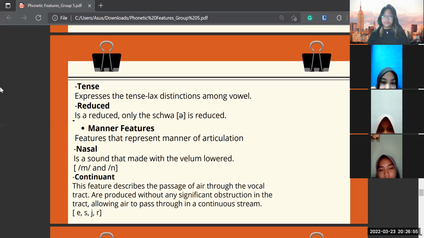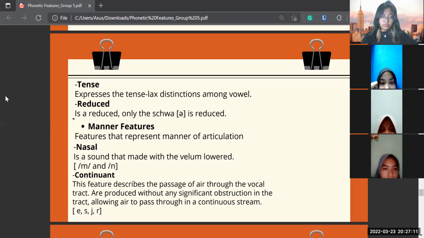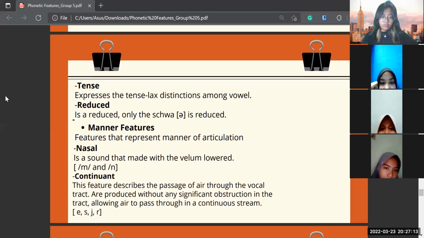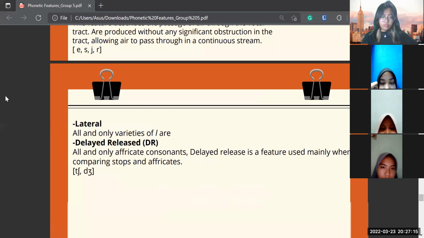Next is continuant. This feature describes the passage of air through the vocal tract. Continuants are produced without any significant obstruction in the tract, allowing air to pass through in a continuous stream. For example, E, S, Z, and R. Next, please.